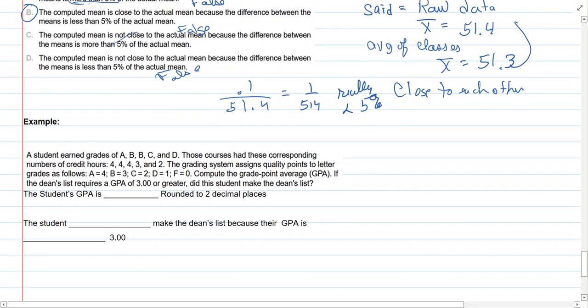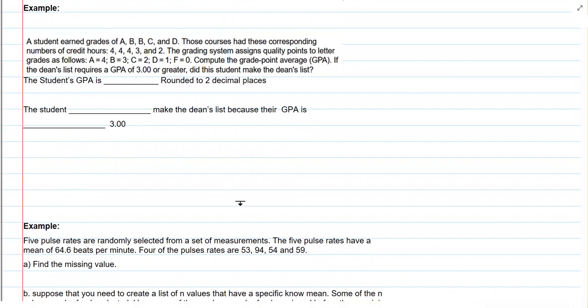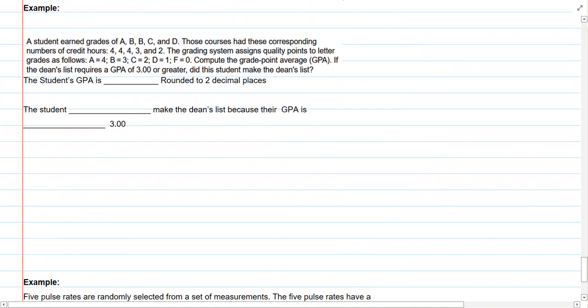All right. So now we're going to do another example. And this one I inserted because it affects how you perceive your grade analysis. And this one is on a 4-point scale.